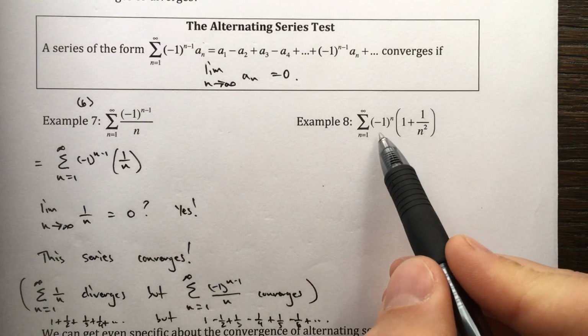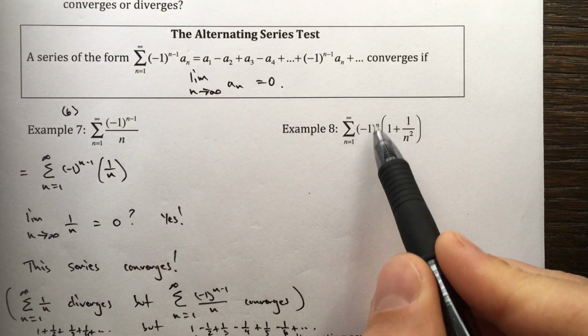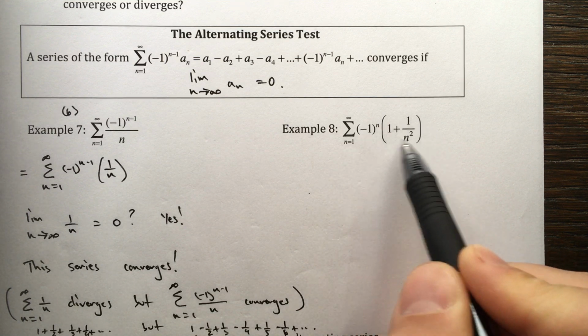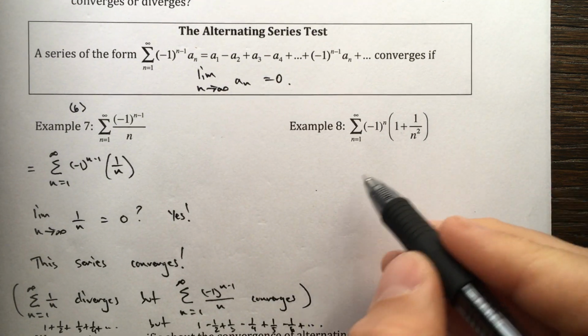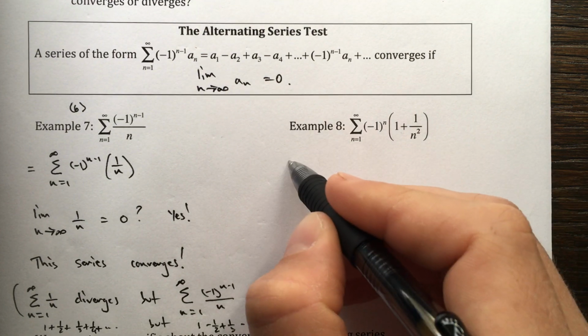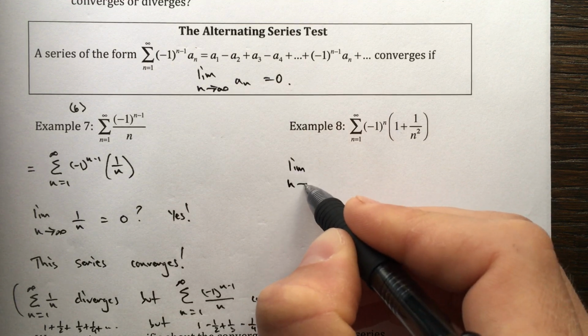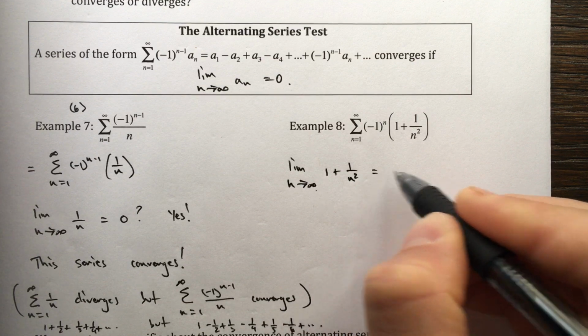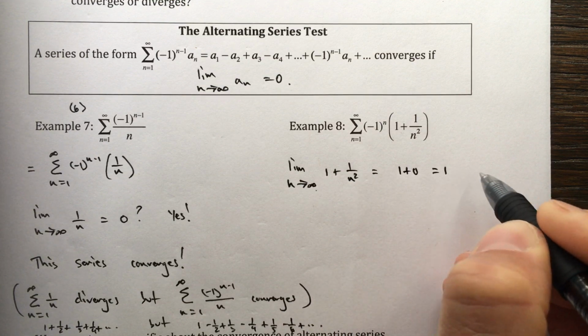All right, let's look at this one. So this again is an alternating series because we have negative 1 raised to a power, and now we need to look at this positive portion and see if the limit equals 0. Well, the limit as n approaches infinity of 1 plus 1 over n squared equals 1 plus 0, which equals 1.